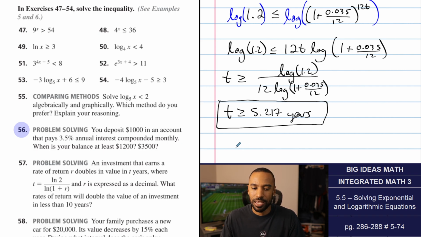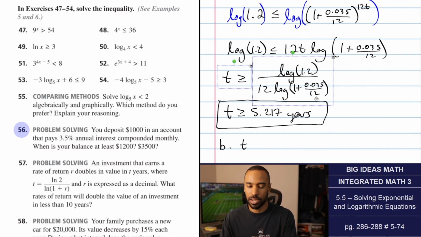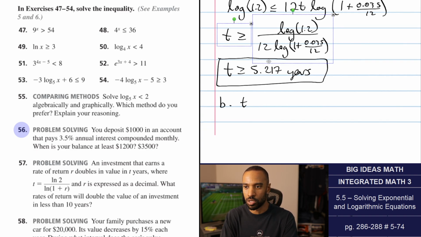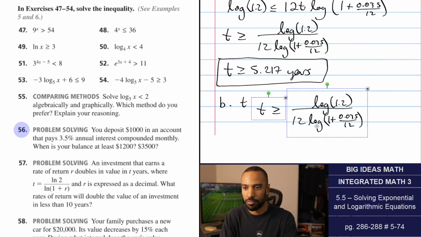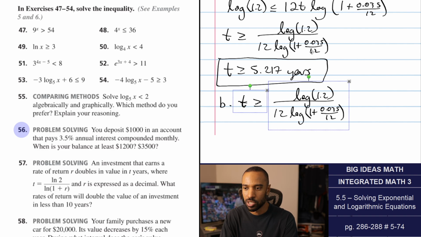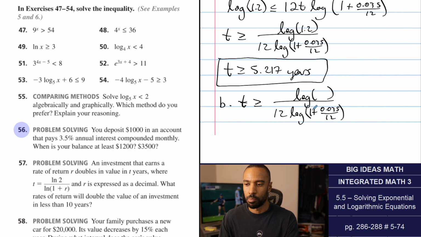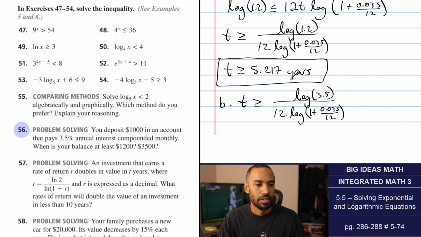Now part B is 3,500. I'm going to be doing this exact same equation that you saw right here, only instead we're going to be using 3.5, because 3,500 divided by 1,000 is 3.5. So here we get to just go in the calculator, change the 1.2 to a 3.5, and we should get our answer from that. That's efficiency, folks.